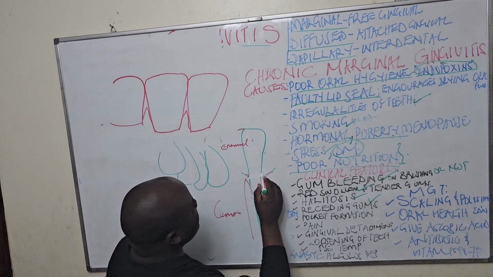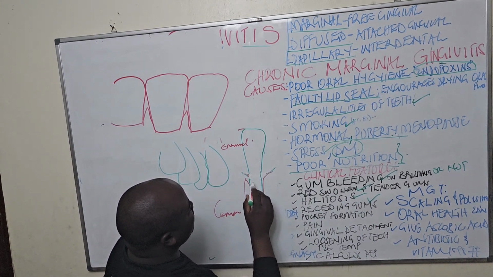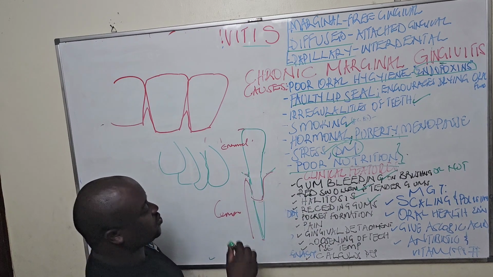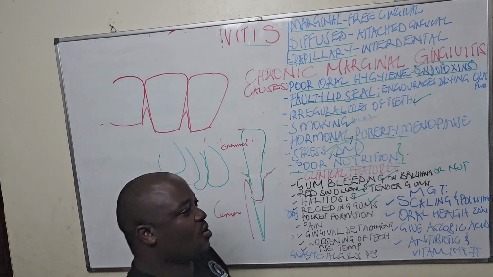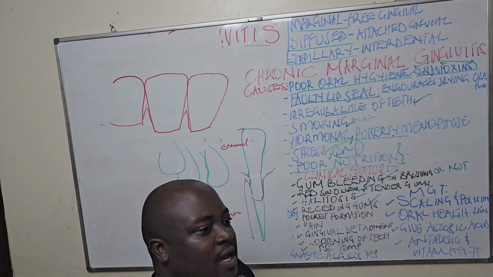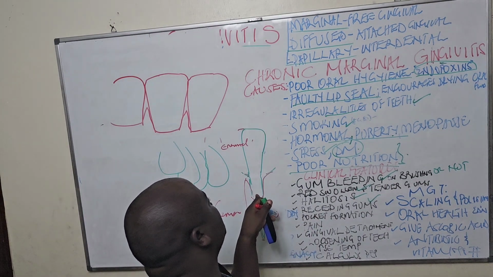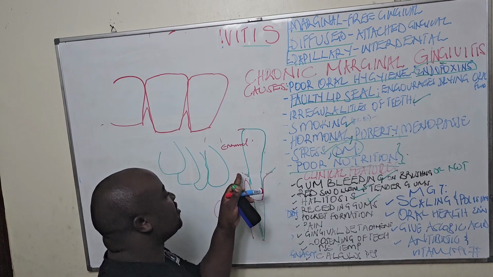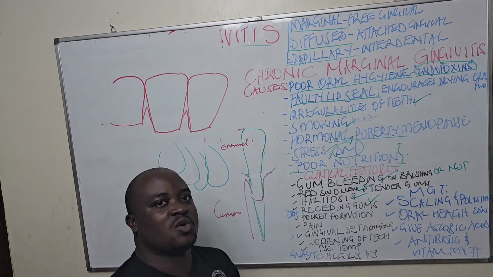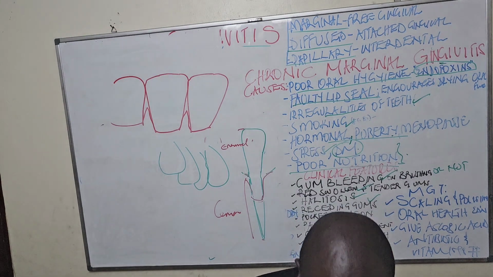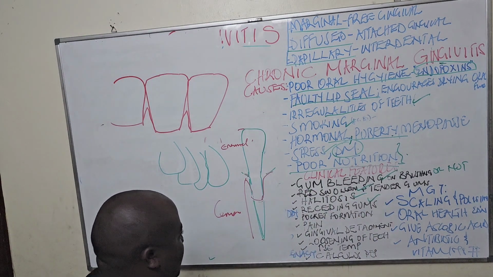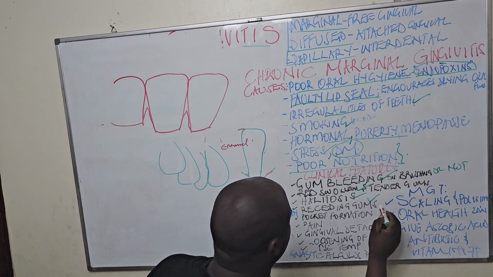So the receding of the gum, or the pushing down of the gum to expose the root of a tooth from its level up to here, is what we call gingival recession. So gingival recession is always another clinical feature.